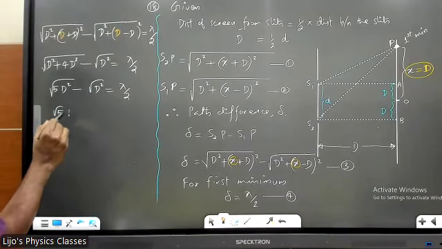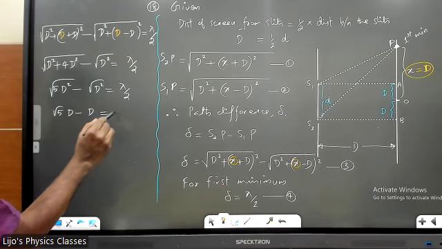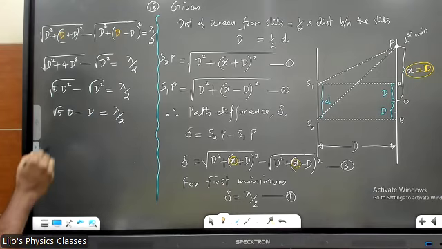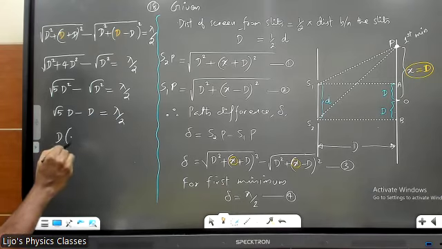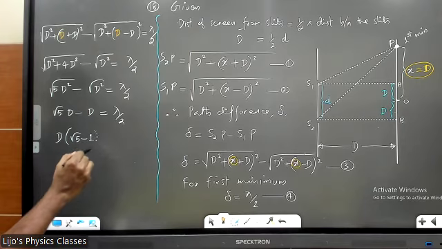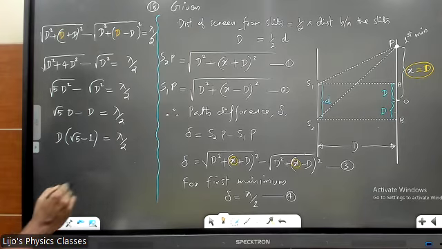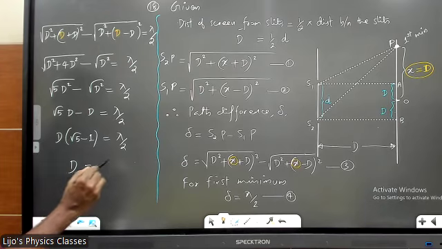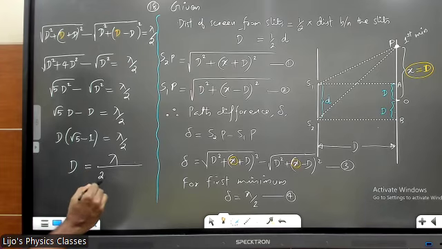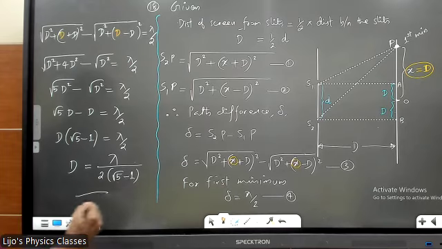This is root 5 d minus d is equal to lambda by 2. Or if I take d common, d into root 5 minus 1 is equal to lambda by 2. Or d is equal to lambda by 2 into root 5 minus 1.